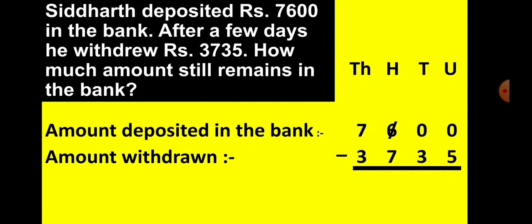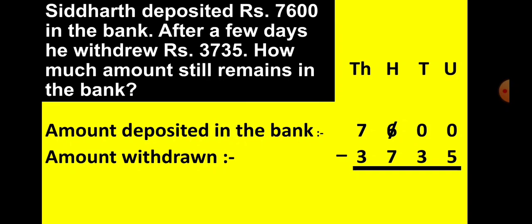Now from the units place, 0 minus 5, we cannot minus 5 from 0. So we have to go to the tens place to borrow. But the tens place is also having 0. So we go to the hundreds place to borrow. Now when we borrow, the number in the hundreds place becomes less.